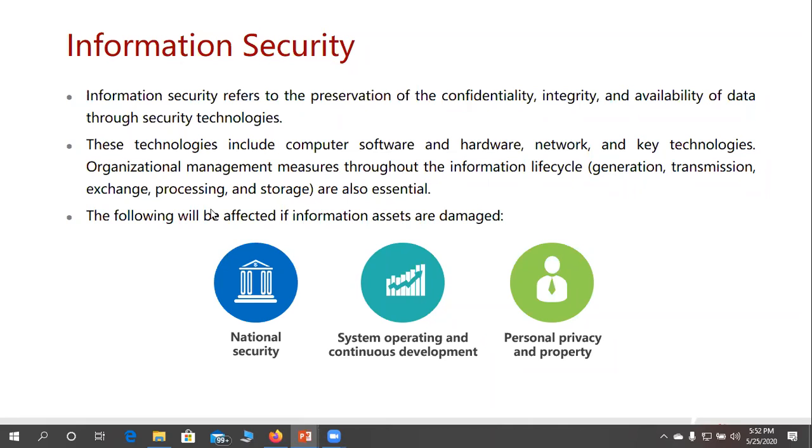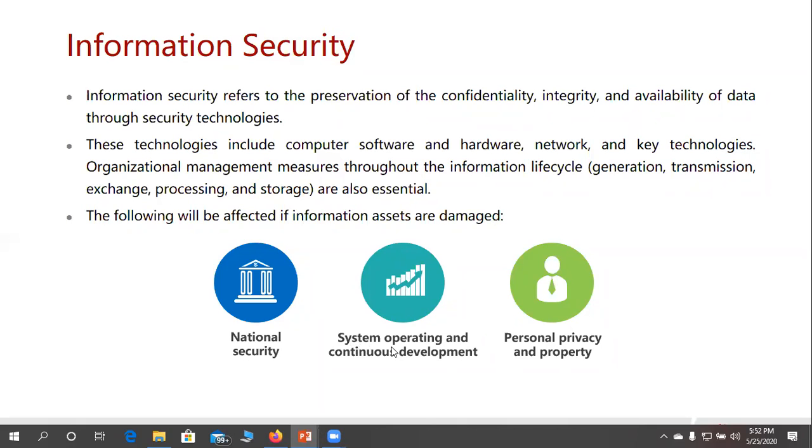So the following will be affected if information assets are damaged. Very, very important. So you can see here, national security, of course, it can be affected, like what we saw in the US, where they were saying that Russia hacked them during the elections.